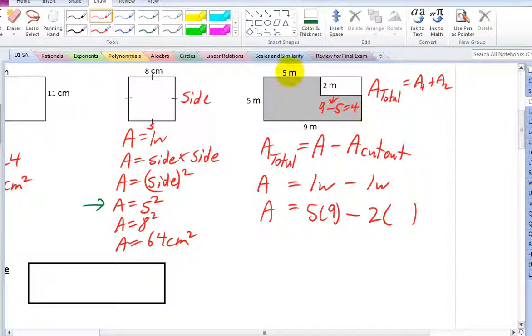So you're going to look at the other dimensions and sometimes subtract to find a new dimension. So it's going to be 2 times 4. So the area is 45 minus 8, which is 37 meters squared. Okay, so we always find square meters.